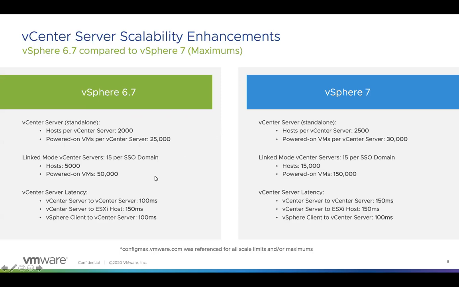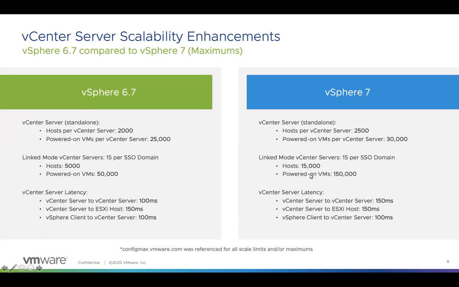With linked vCenters, it is almost 3 times the limit. We were managing 5K hosts earlier; now with 15 vCenters you can manage 15,000 hosts. Together, 15 vCenters used to give 50K VMs, but in 7.0 you can manage almost 150K VMs.